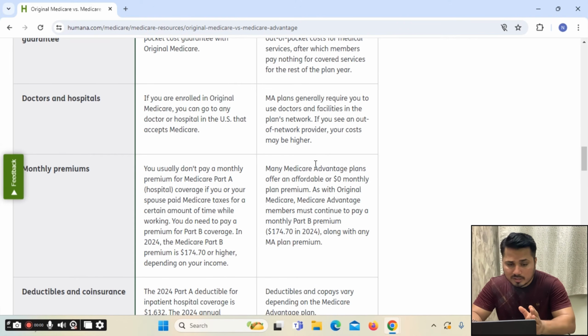Now, doctors and hospitals. If you are enrolled in original Medicare, you can go to any doctor or hospital in the United States that accepts Medicare. MA plans generally require you to use doctors and facilities in the plan's network. If you see an out of network provider, your cost may be higher.